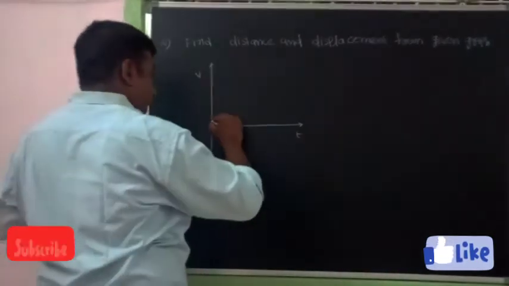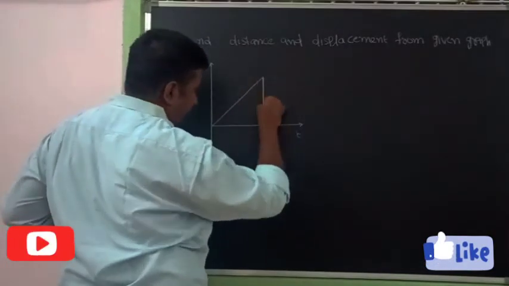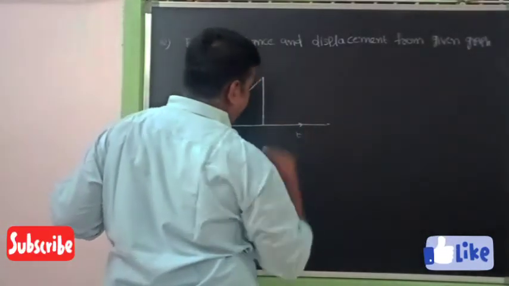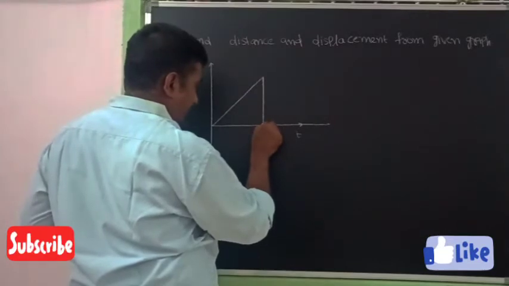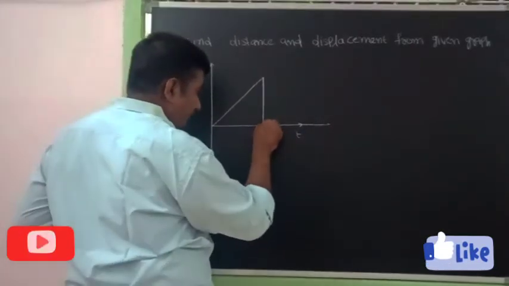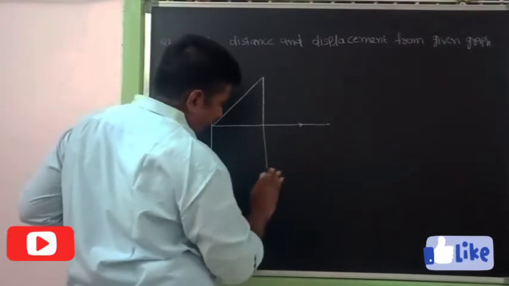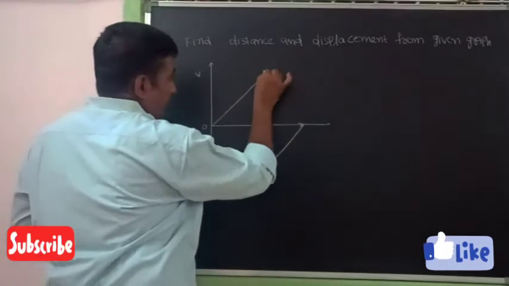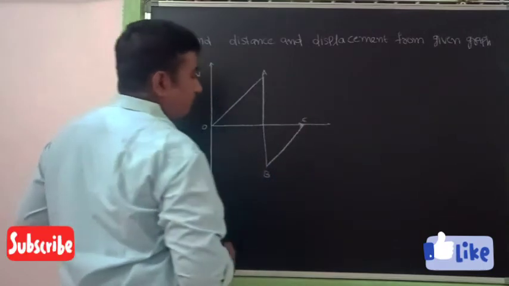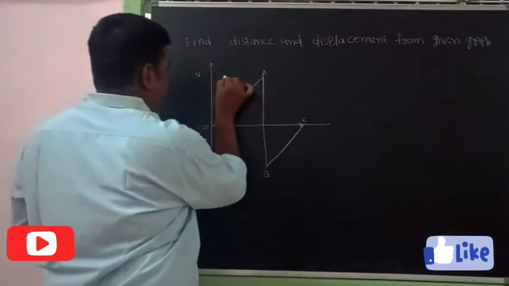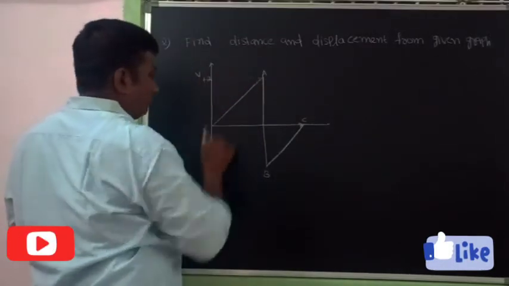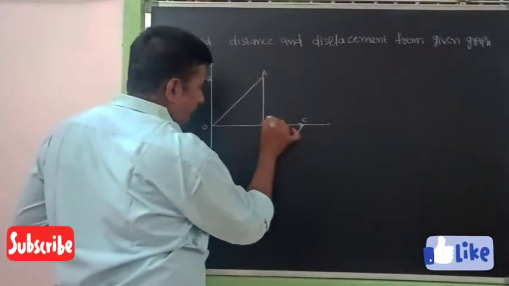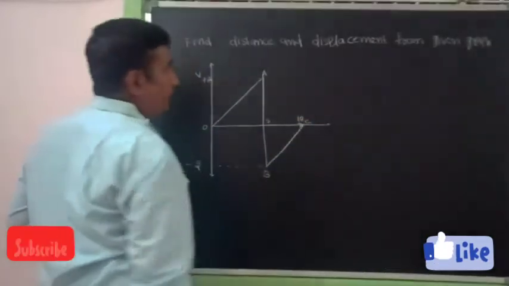With the help of this, O, A, B, C. From here to here I can take it as plus 2, from here to here I can take it as minus 2, if this is 5 and this is 10.